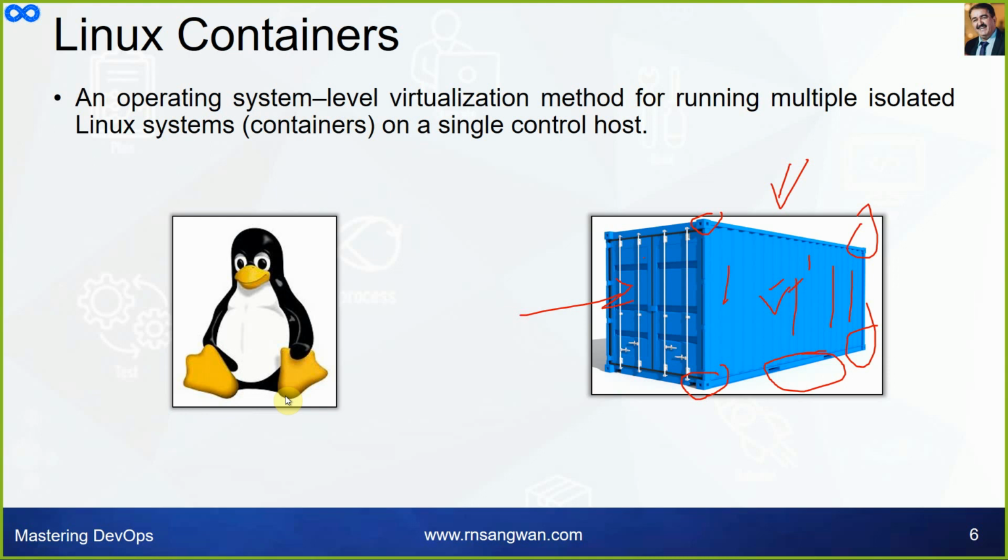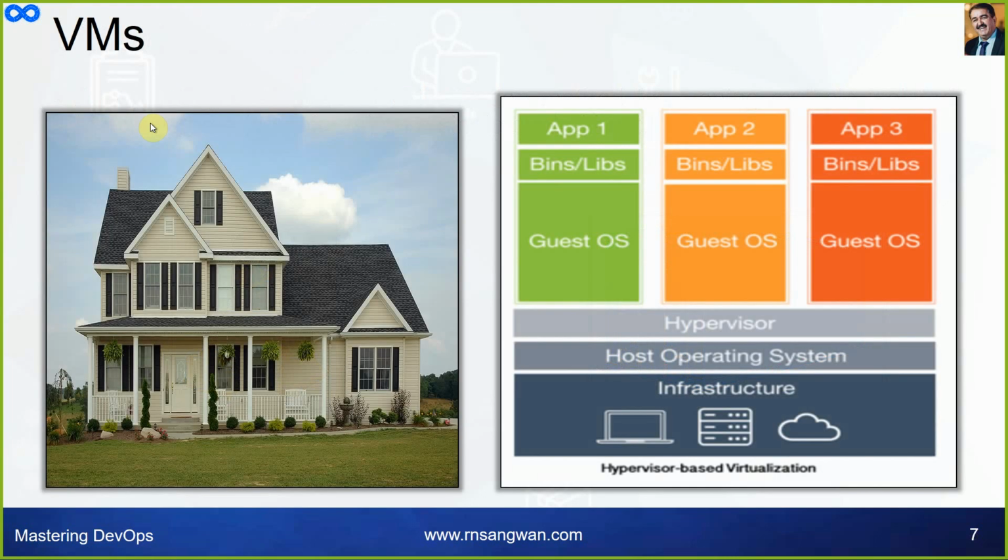So standards and isolation are the two good reasons to use this as a symbol for container representation. It is an operating system level virtualization method for running multiple isolated Linux systems or containers on a single host. You know that when we talk about a virtual machine, we are talking about a villa or a house.